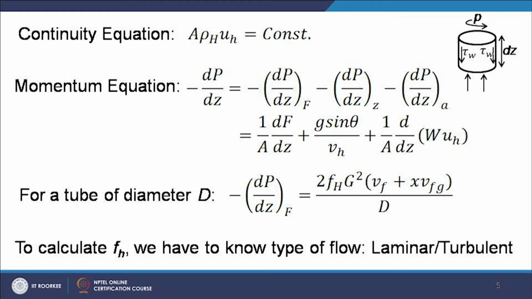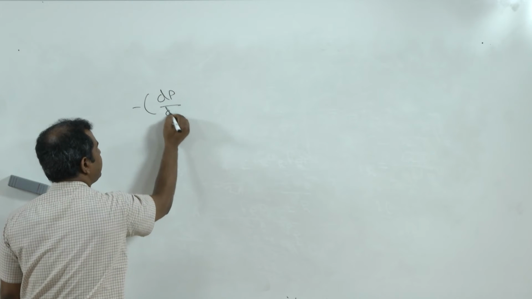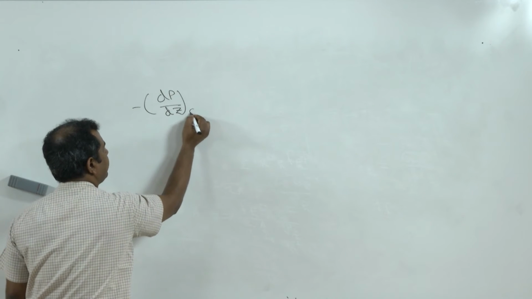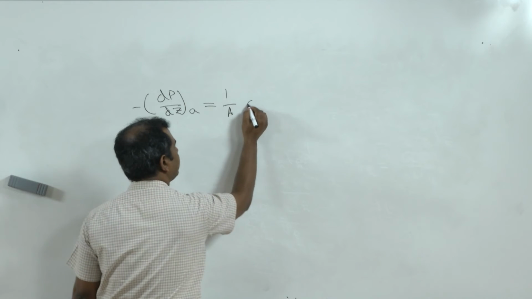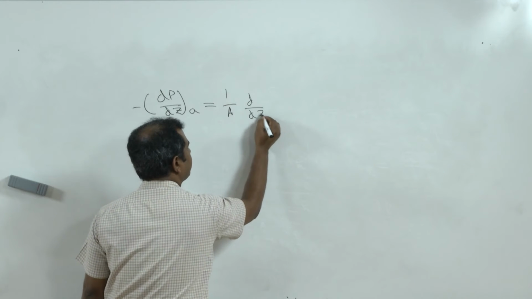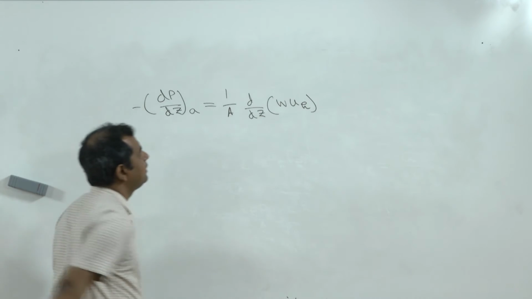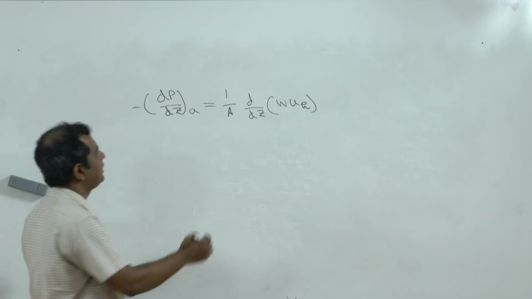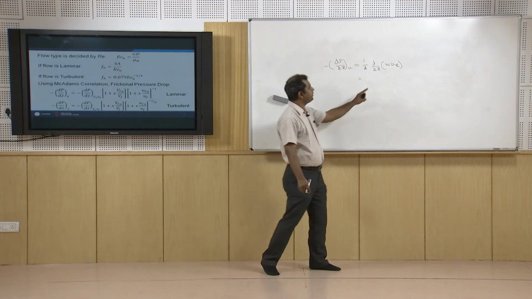There we will find minus dp/dz due to acceleration, which is nothing but 1 by A d/dz of W into u_h. Now, you see this W will not be changing with respect to z.